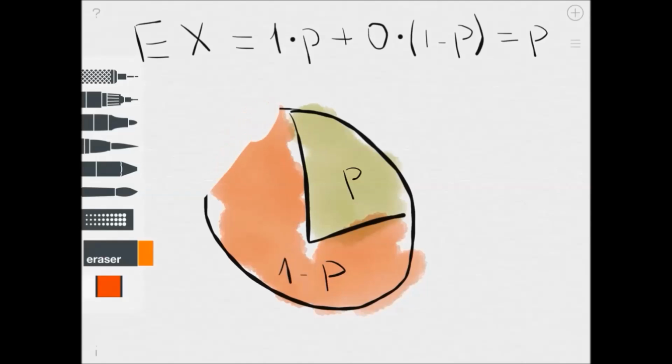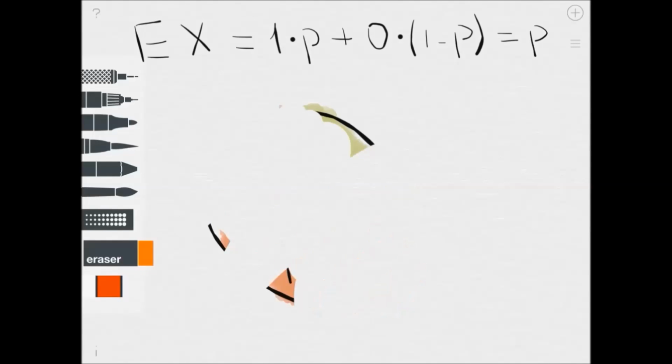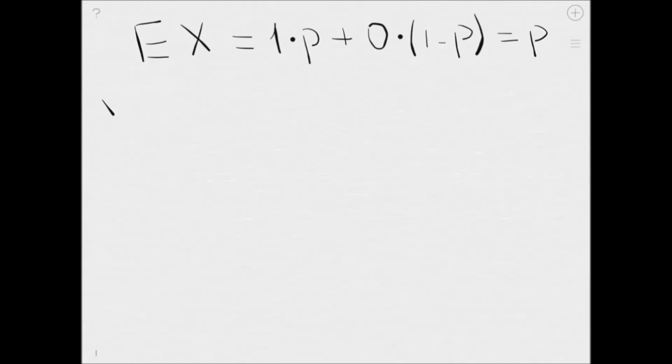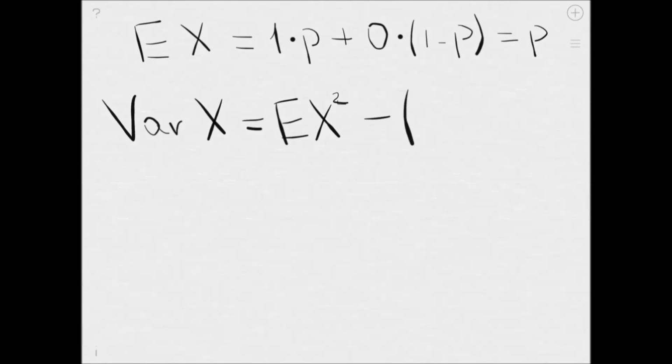Well, it's not enough to know expectation to work with variable. We are also interested in how our outcomes varies from its expectation. So we need to calculate the variance of it. Variance is calculated as the difference between expectation of x squared minus the square of expectation.